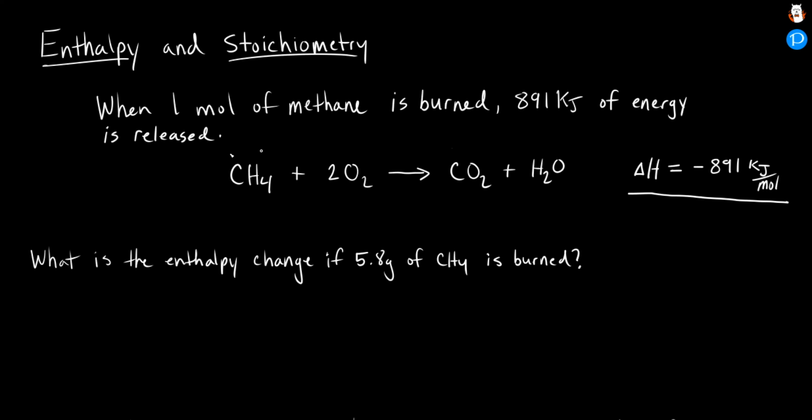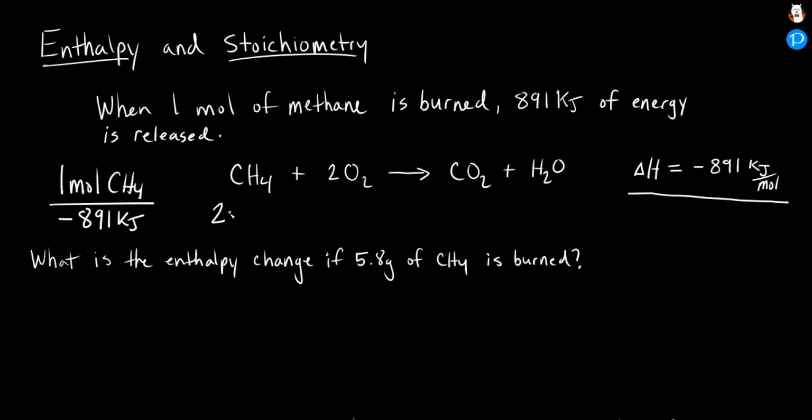So for example, with methane here, I could set it up as a conversion factor, like for every 1 mole of methane, there are 891 kilojoules of energy released, right? 891 kilojoules per 1 mole of methane. Or we could think about it with O2.